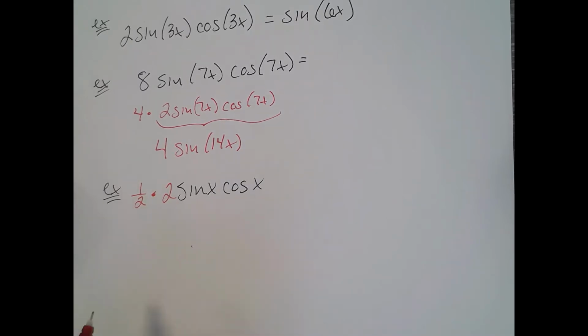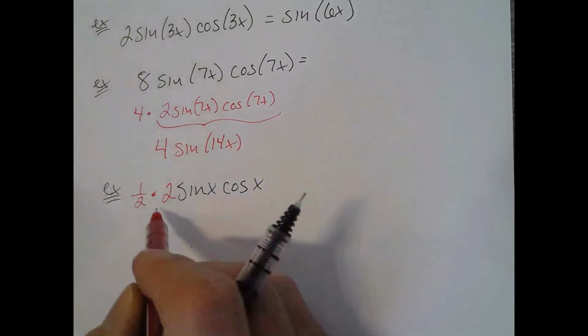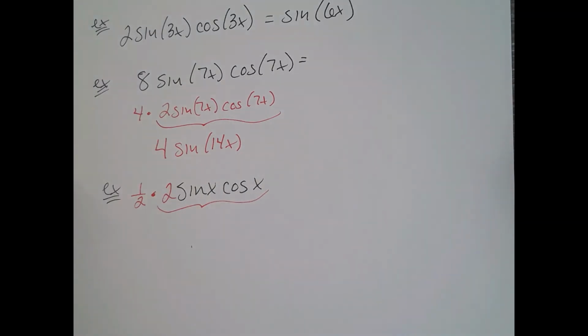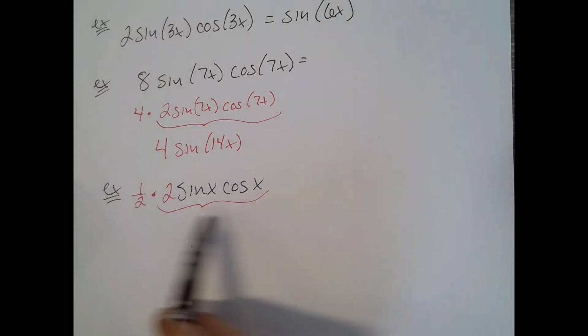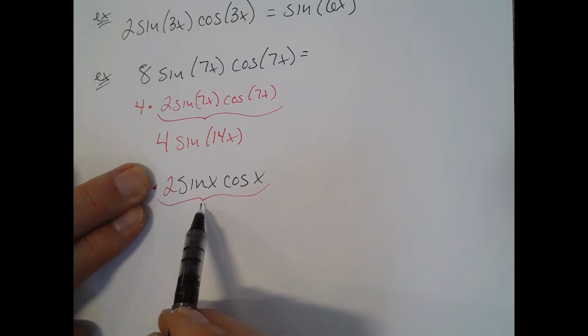So I haven't changed its value, but now I have a 2 that goes with it. So you made an overcomplicated 1 to make the other thing not so complicated. Yep, kind of like multiplying by the conjugate, top and bottom, that's an overcomplicated 1. We use 1 quite a bit. Okay, so this amount here is what?